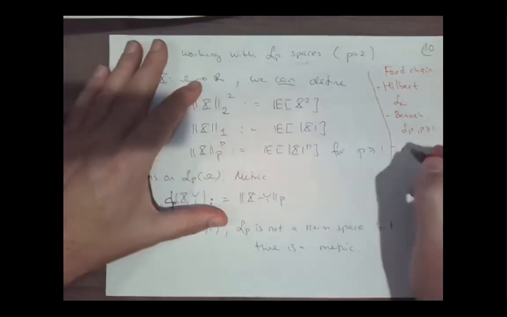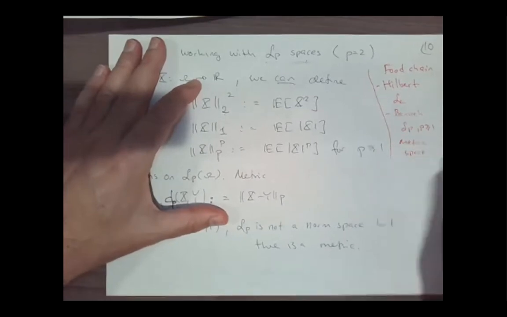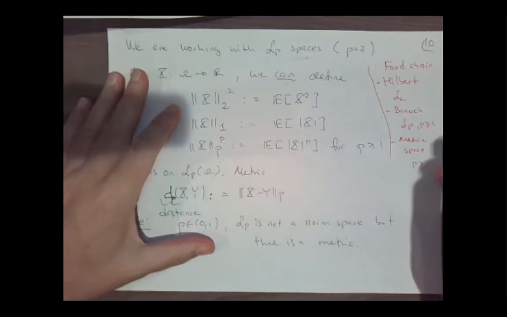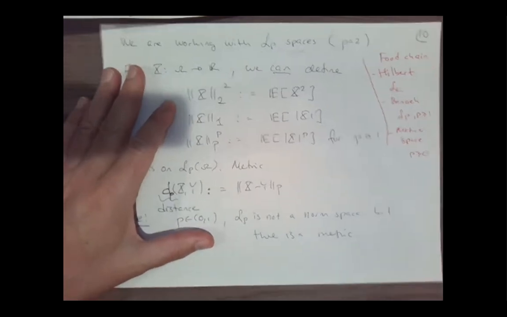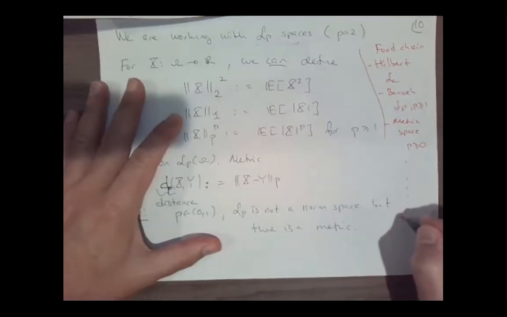And then you can put it into a metric space, and then you can also do p bigger than or equal to 0. All the way down here, there's going to be some topological space.